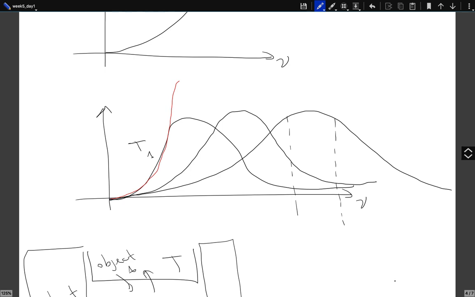But if you just pick one nu, at that frequency every oscillator can only emit a multiple of h nu. It cannot emit 0.5 h nu energy. It can only emit an integer multiple of h nu.